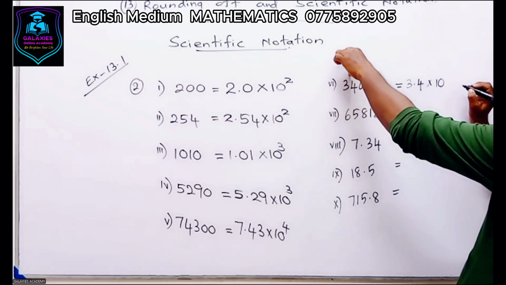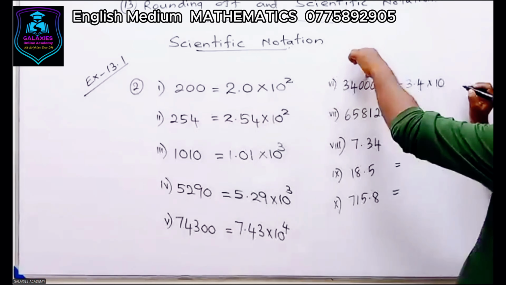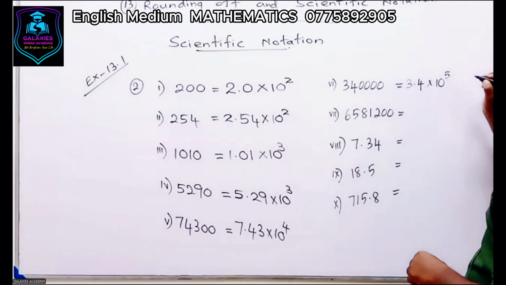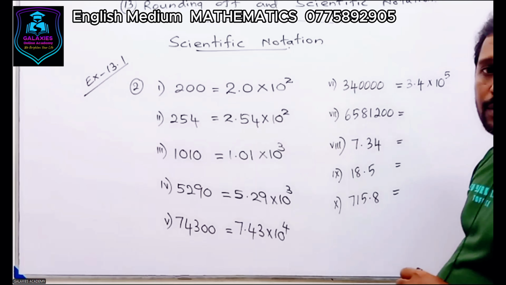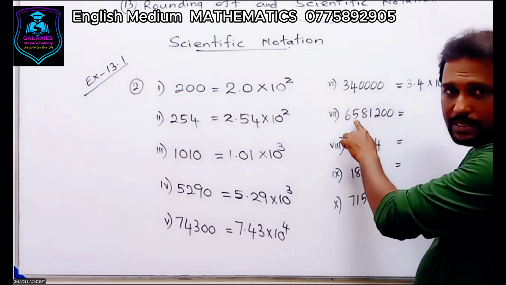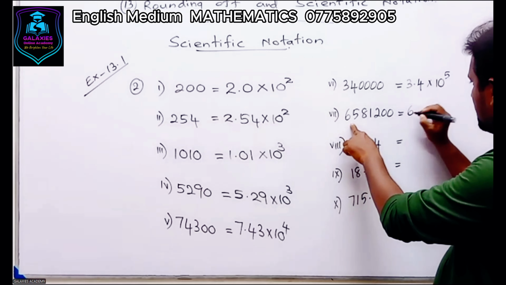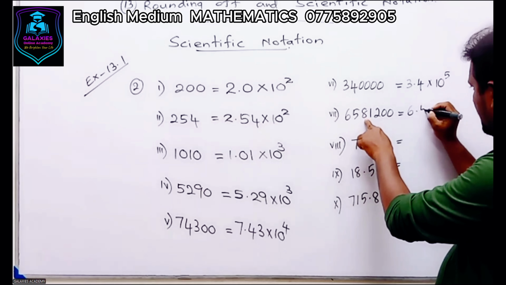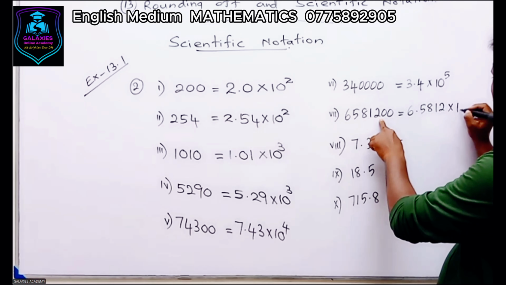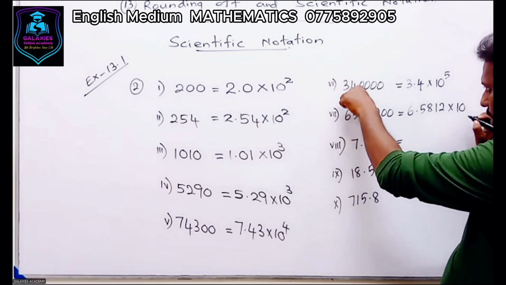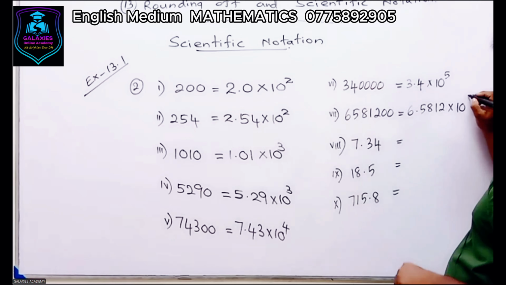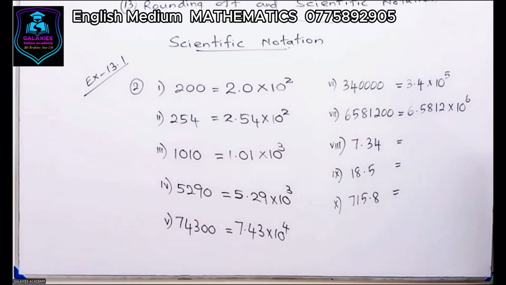How many places do we have to move? 1, 2, 3, 4, 5. 10 to the power 5. Right? Then look at the next number. We have to keep the decimal point between 6 and 5. 6.5812 multiply 10 to the power 1, 2, 3, 4, 5, 6. 10 to the power 6.